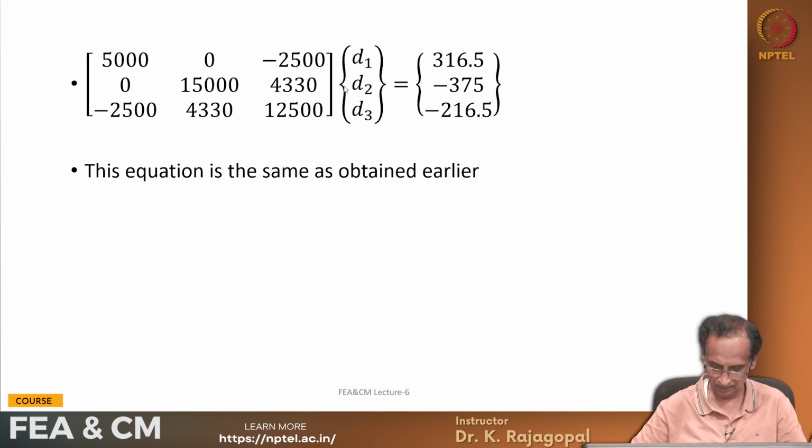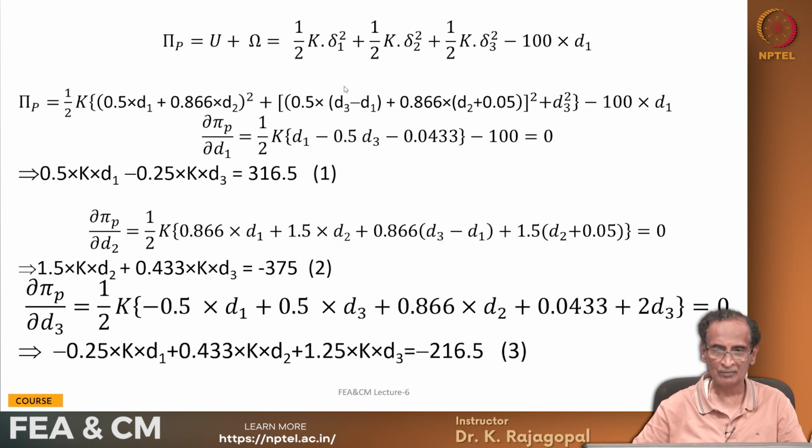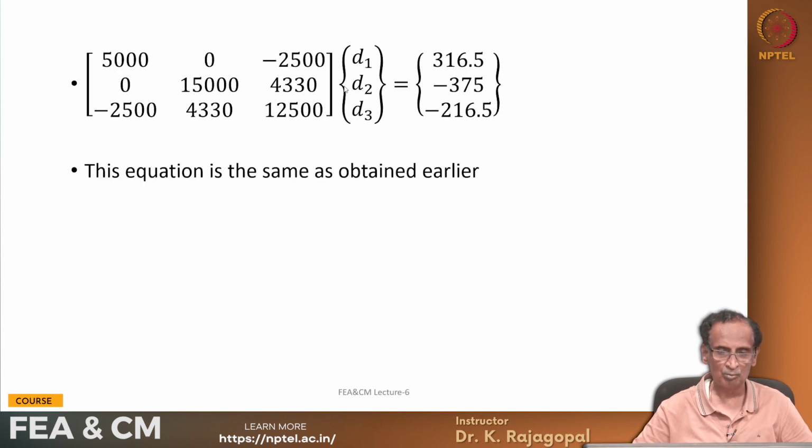Okay. So we see that even by this stationary potential energy method, we could apply a known displacement and then get our governing equations. And if you solve this system, you will get the same displacements that we got earlier.